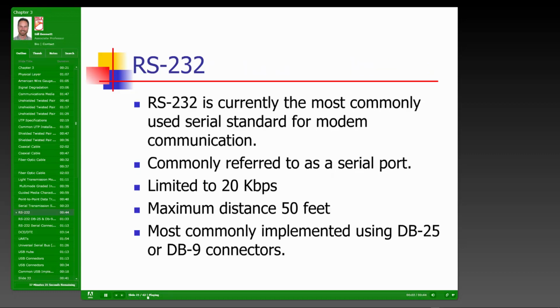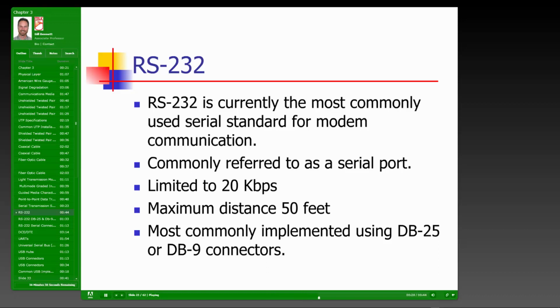RS-232 is one of the first serial standards that was implemented in computer communications, and it's actually still the most commonly used serial standard for modem communications. It's also used a lot in robotics, to have computer systems talk to different robotic systems. Commonly it is referred to as a serial port.